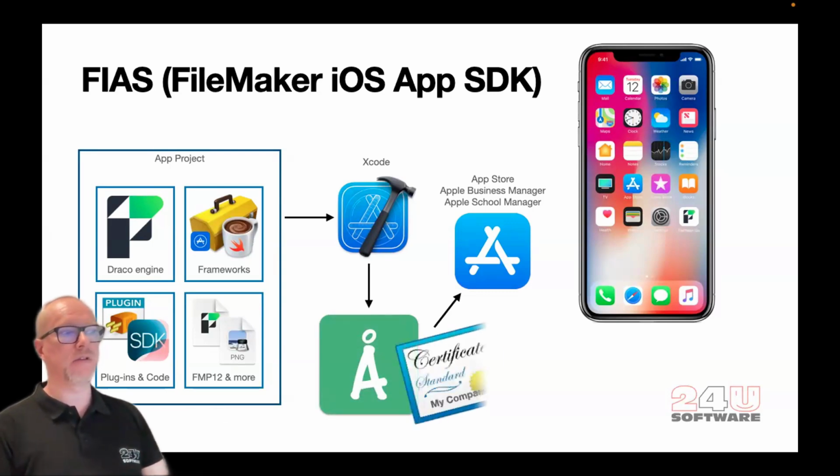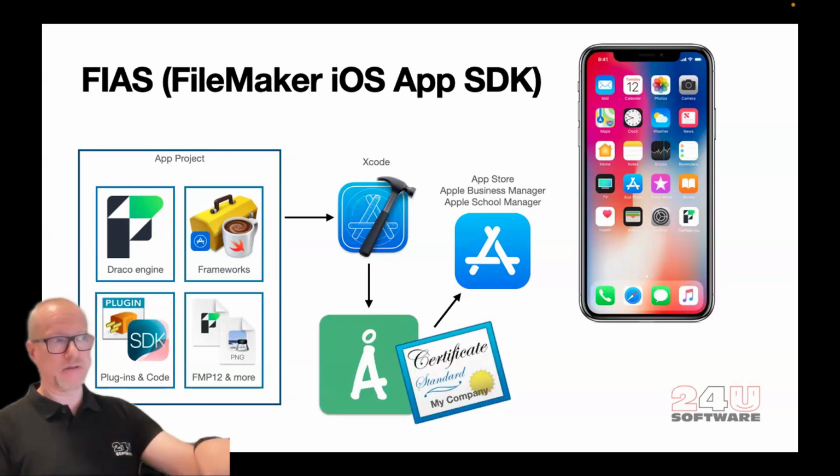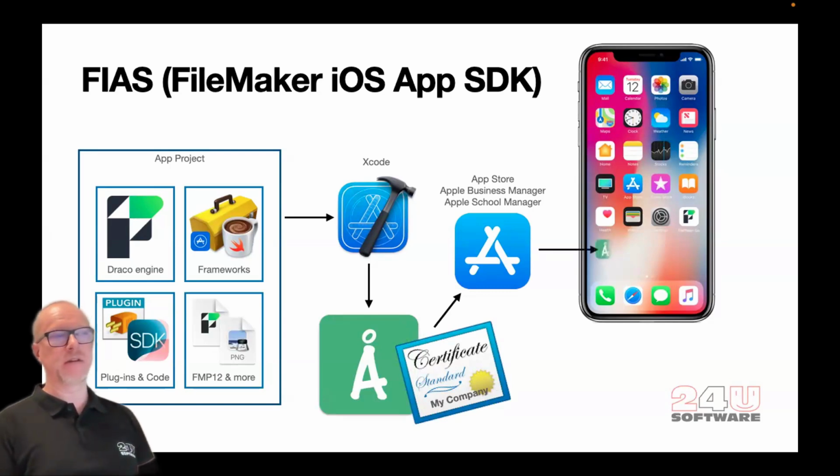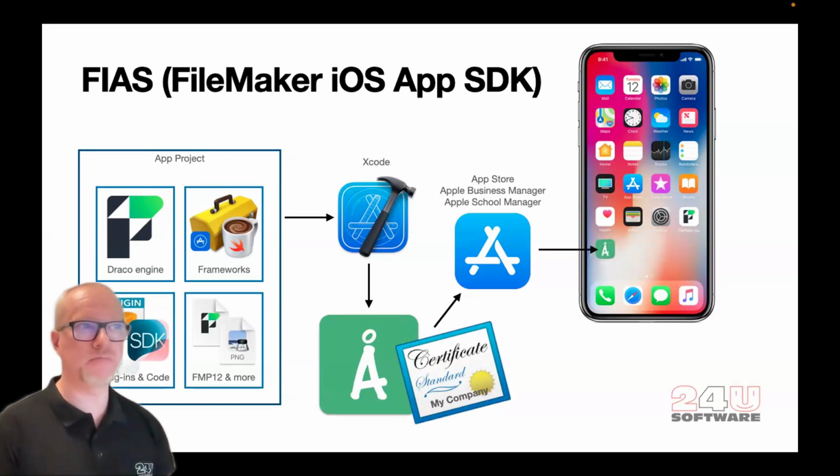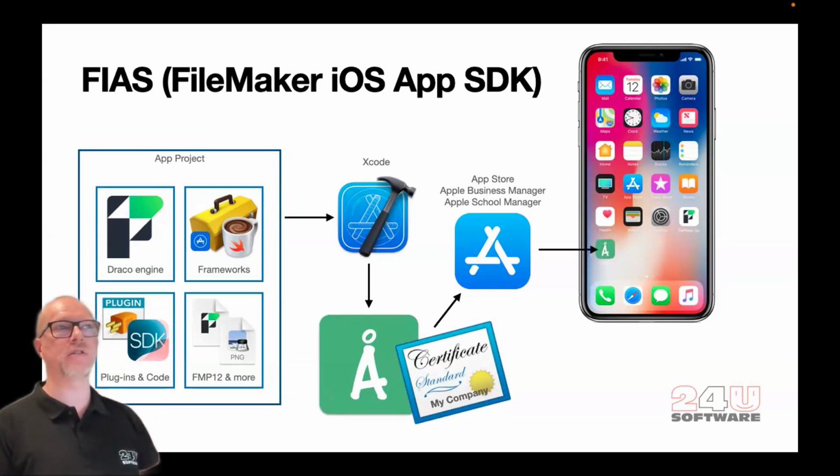In order to do that, it will also be signed by your identity, not Claris. So the code signing certificate in this case will be yours, not the Claris one. Then once it's on the App Store, your customers or users can install it on the iPhone as a proper native app with a new icon and a new name.